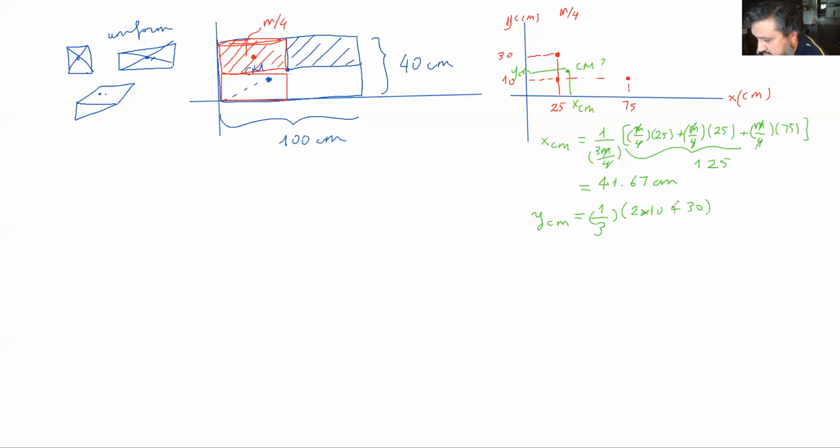So this is 50 divided by 3, 16.67 centimeters. Okay, so that's the center of mass of your L-shaped object.